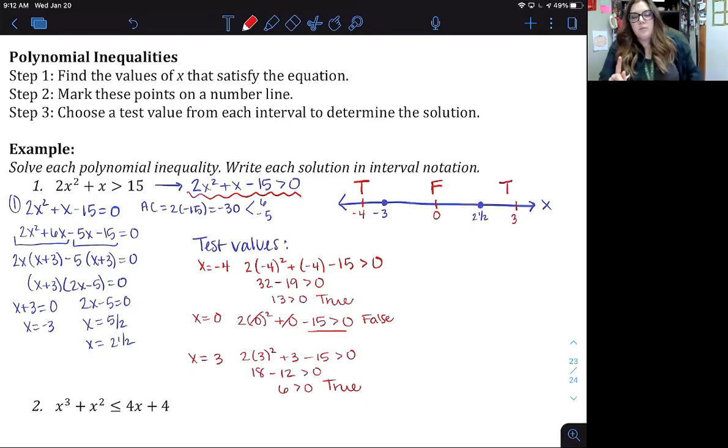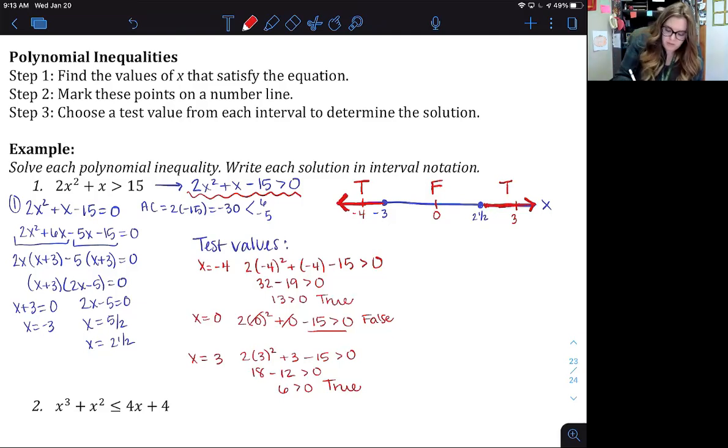All right, so now we can shade in the areas on our number line where this is true. And then we need to figure out, are we going to have parentheses or brackets? So when we're solving this, since it says greater than, it doesn't want us to be equal.